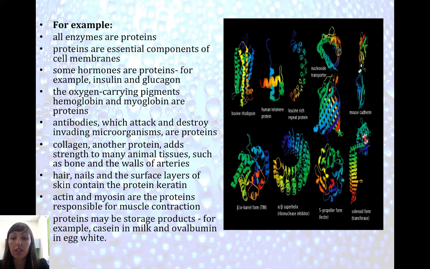Hair, nails, and the surface layers of skin contain the protein keratin. Actin and myosin are the proteins responsible for all muscle contraction. And proteins may be storage products, for example, casein in milk, and ovalbumin in egg whites. And this is just a tiny amount of the examples of protein that make up our bodies or are important components inside of our bodies.